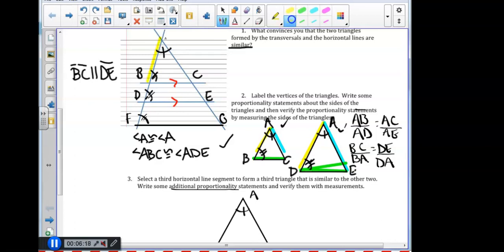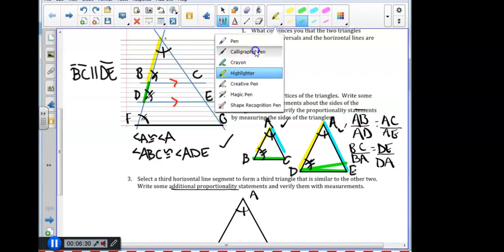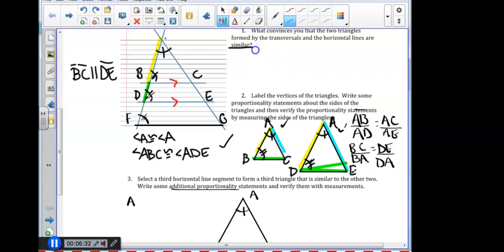AB plus, I'm going to do it in a different color, but AB plus BD. So that whole length, AD, but I'm going to write it as AB plus BD.